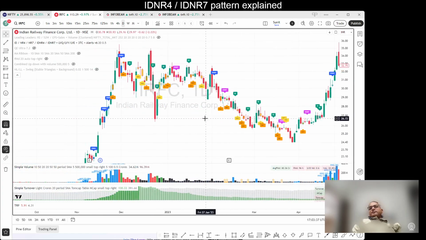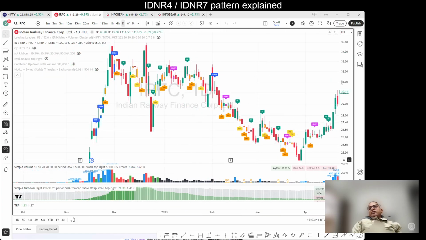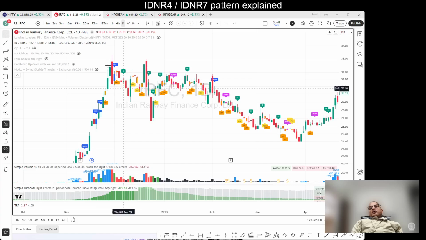See on the downside also. Here, see, it was forming lower highs and lower lows, went up sideways, again formed a lower low, again formed a lower high. So now the trend is changing.